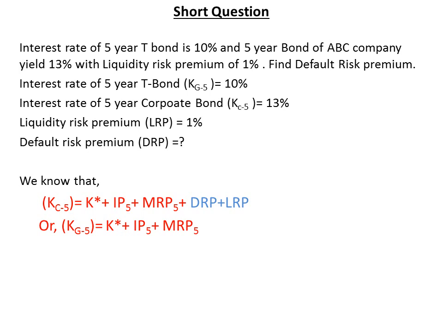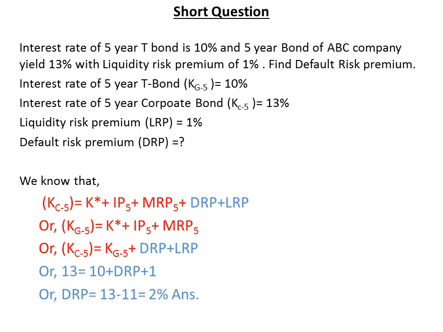So we can put KC5 equal to KG5 plus DRP plus LRP. Now the new formula has been created. So put the values of KC5, KG5 and LRP, and we can get the DRP. Now DRP equal to 2%, you can get.